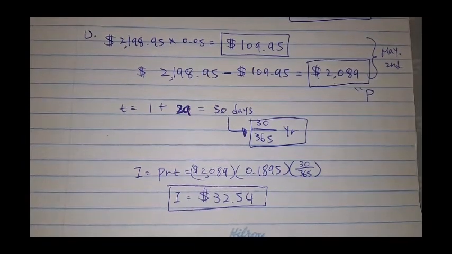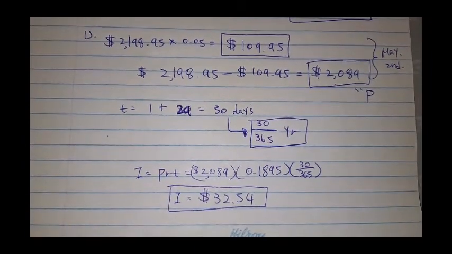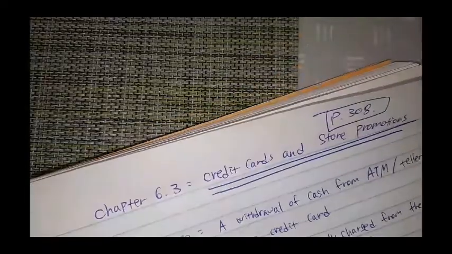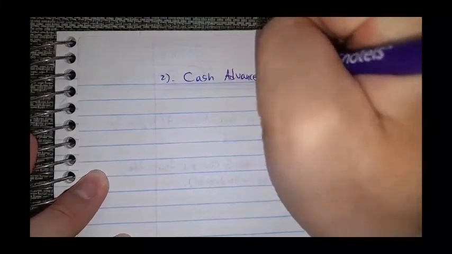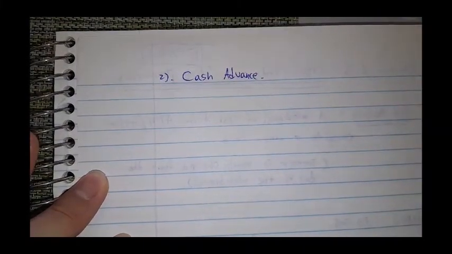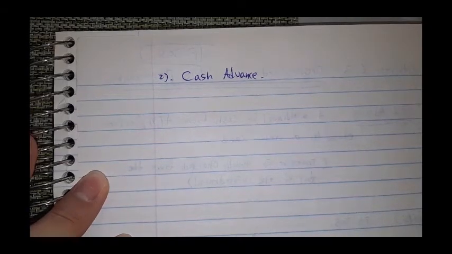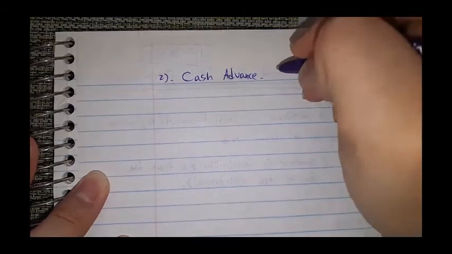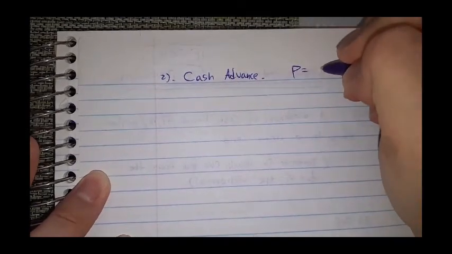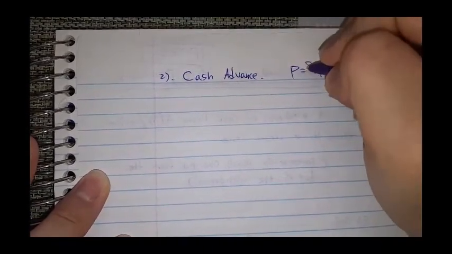So let's think about the same situation, except now we are doing number 2 on the back of the page, for the cash advance situation. Let's give it a shot. For the cash advance, I is equal to PRT, where P is how much she took out, $95.10.